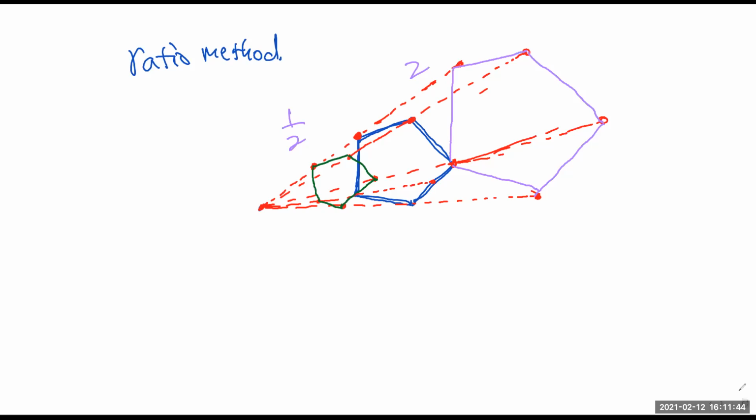Another one is called a parallel method. Parallel method is like, say, if you have something like that.